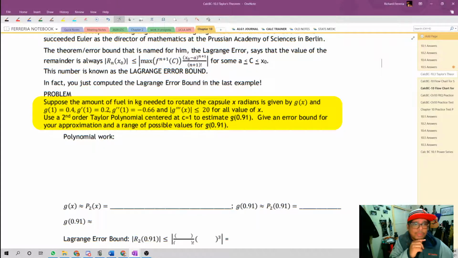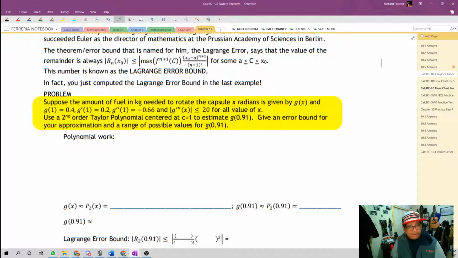And furthermore, we know that the third derivative of g is always less than 20 for any value of x. So, first of all, let's use a second-ordered Taylor polynomial centered at 1 to estimate g of 0.9. Then, we're going to give an error bound for that approximation.